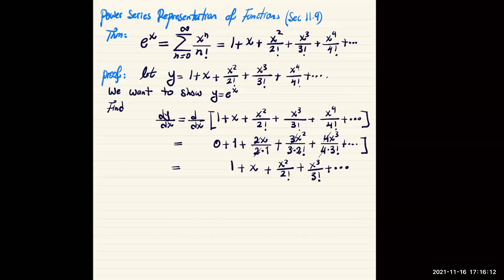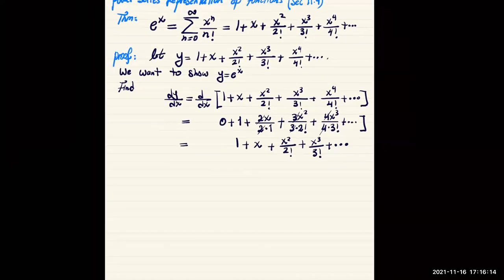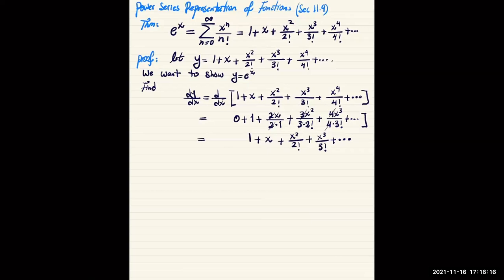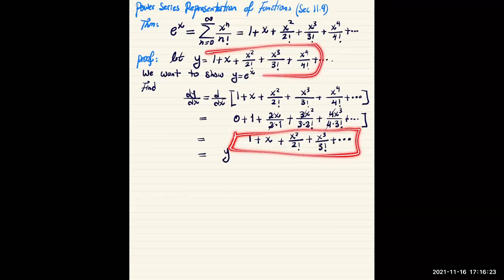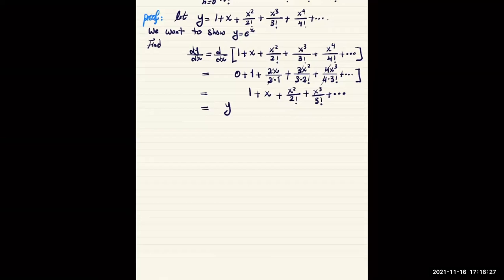Isn't it? So what we just got is the same thing as y. That is what y originally was. Okay, what we got here is dy dx equal to y. That's what we have.